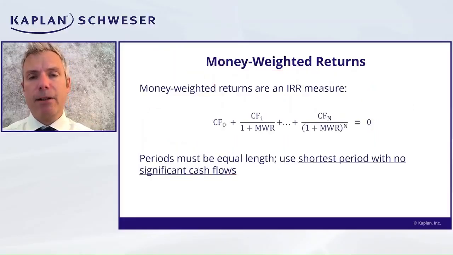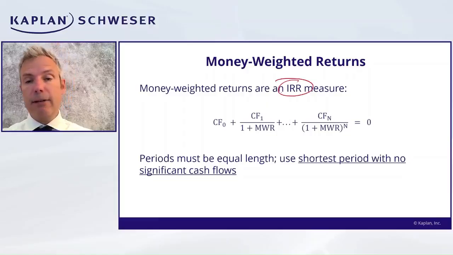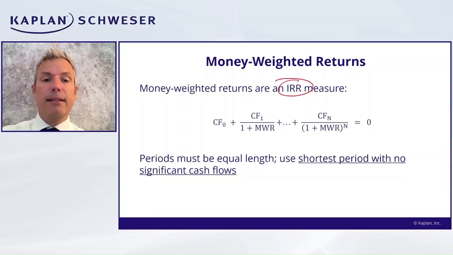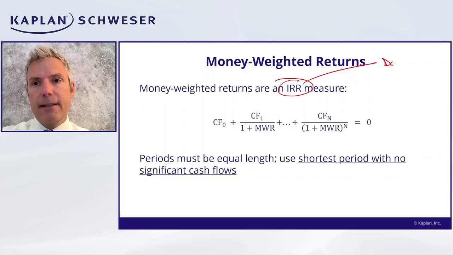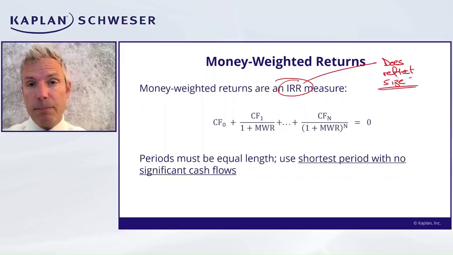That calculation, which is just an internal rate of return calculation that you can do with your Texas calculator, does reflect the size of the fund. So if you put money to work in your investment prior to a suboptimal period of performance, you are going to be punished under the money-weighted rate of return, but that's not going to happen under the time-weighted rate of return.